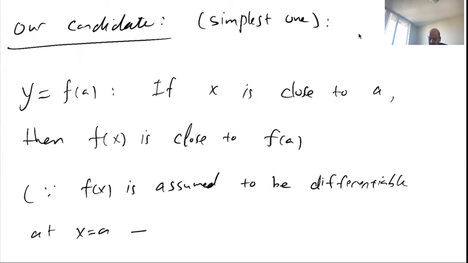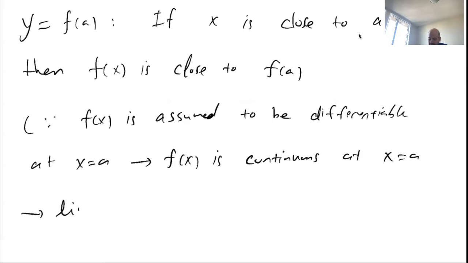So this implies that f of x is continuous at x equals a, and therefore this means that the limit of f of x as x approaches a is equal to f of a. So what does that mean? That means if x gets closer and closer to a, if x is very close to a, then f of x will be very close to f of a. Therefore, f of a can be used as an approximation for f of x.